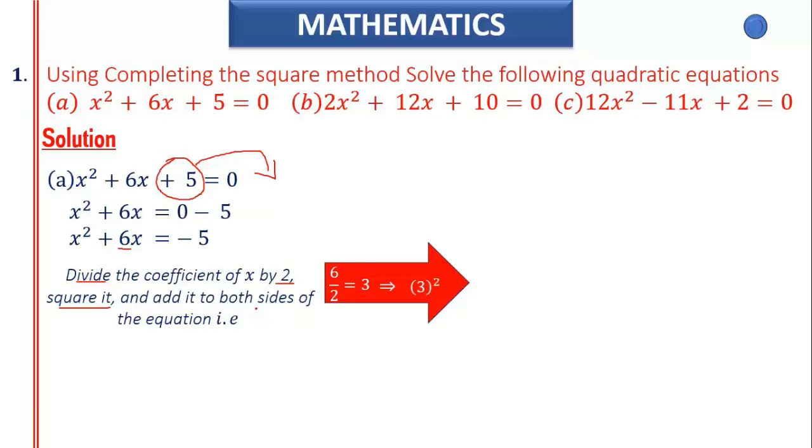And add it to both sides of the equation. This is the equation, and we want to add 3 squared to both sides.